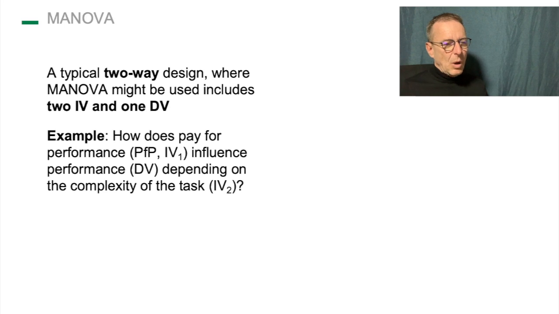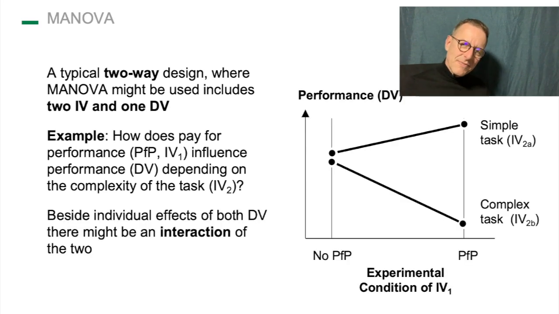And when we look at the research there, we can say that for simple tasks, money really increases performance. If you say the more you work, the more money you receive, then you receive better performance. And that's true for simple tasks. But for very complex tasks, it's the opposite. With complex tasks, that can kill motivation.